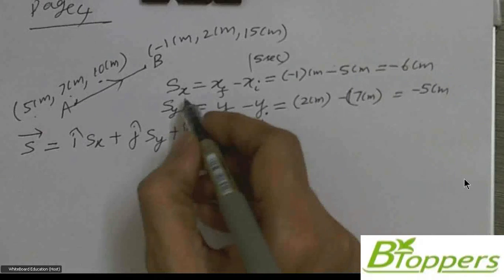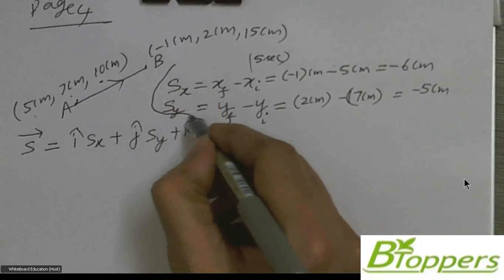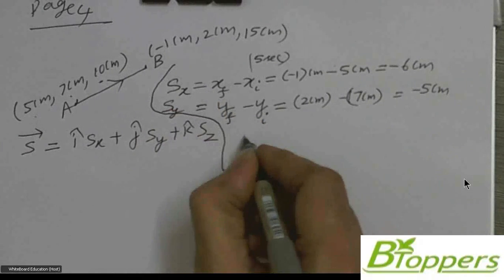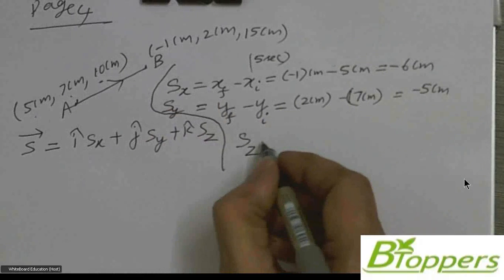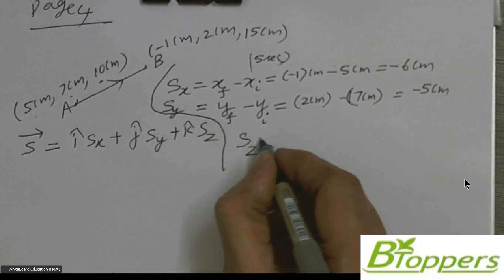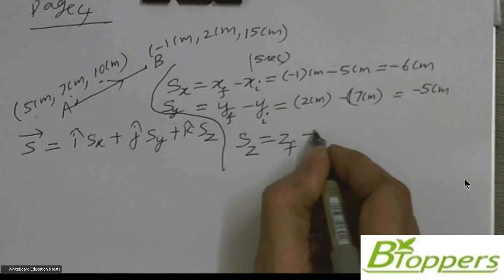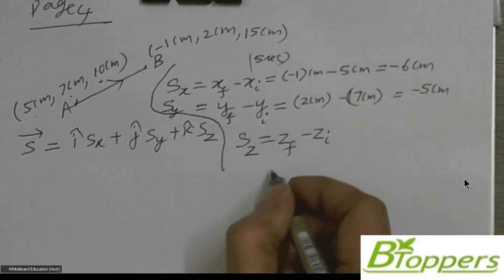Similarly, the z component of the displacement of the particle, denoted by Sz, can be written as the z coordinate in the final position minus the z coordinate in the initial position.